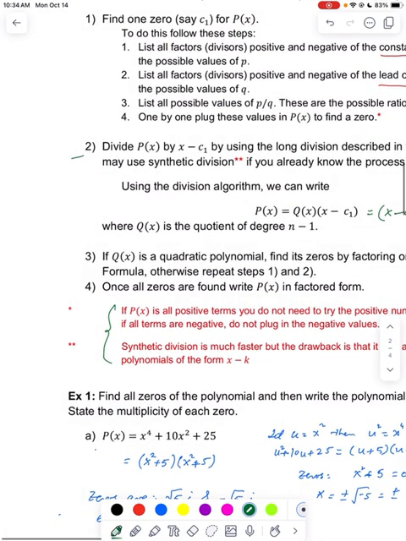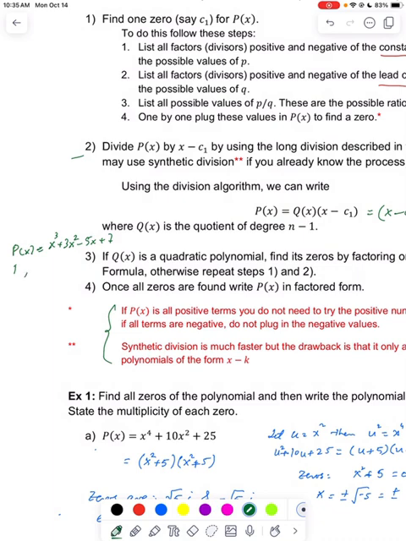So what it is saying is if your polynomial looks like, let's say it's a third degree polynomial, and it is like x cubed plus 3x squared minus 5x plus 7.